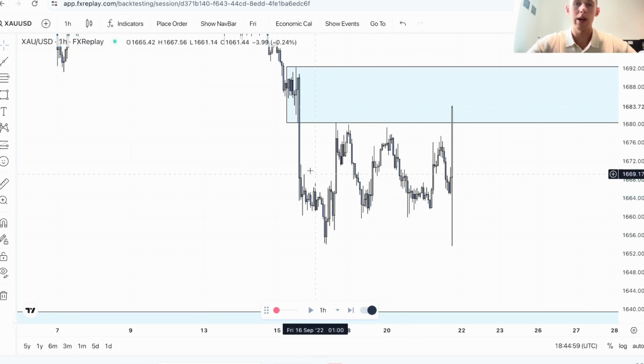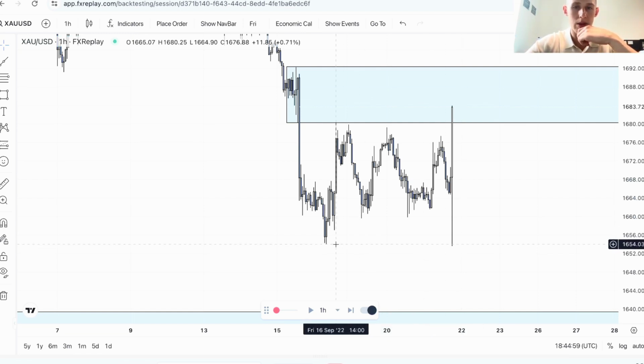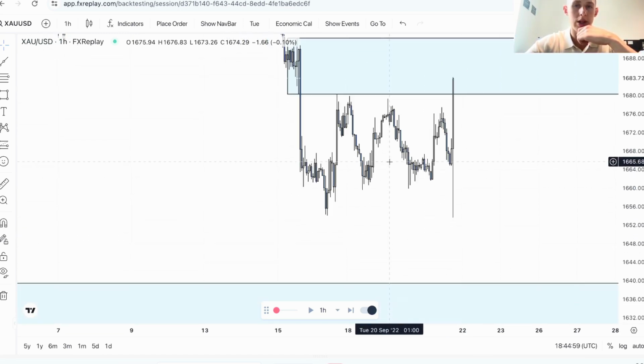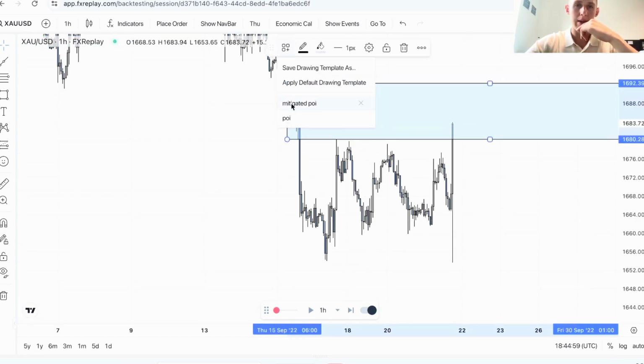And what we're looking for now, we're looking for sells within this supply. Still expecting price to maybe come a little bit lower. So let's have a look how it reacts here.